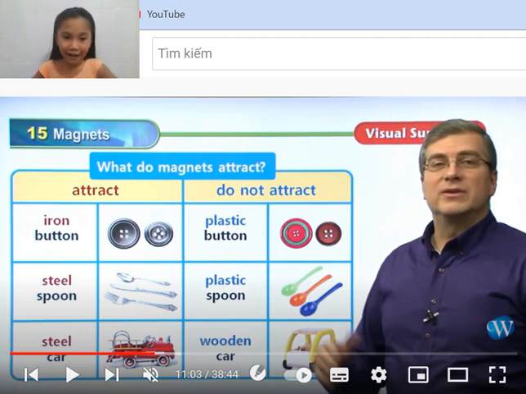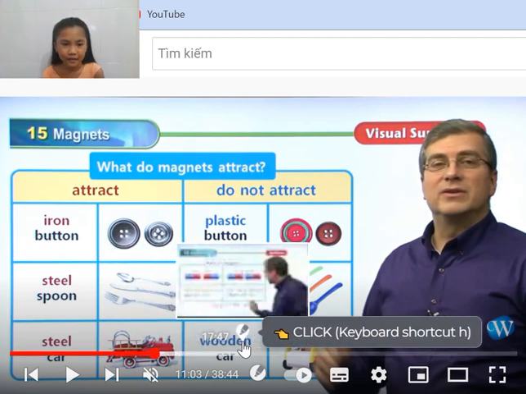Cars, usually we have cars that do not attract to magnets too. What are they? Wooden cars, like toy cars. Yes, that's right. So things that attract to magnets are iron and steel. Things that do not attract to magnets are plastic and wooden. Maybe more. You will find it later.